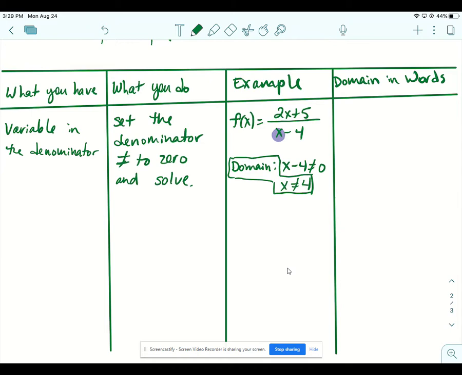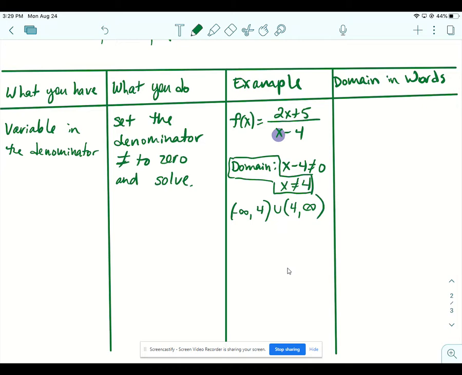If you wanted to represent that with interval notation, you would start as far to the left as you could, so the smallest is negative infinity. Go to 4, but use a parenthesis that says you're not including 4. Do the union symbol, do another parenthesis, and then you pick back up on the other side of 4 and go to infinity.